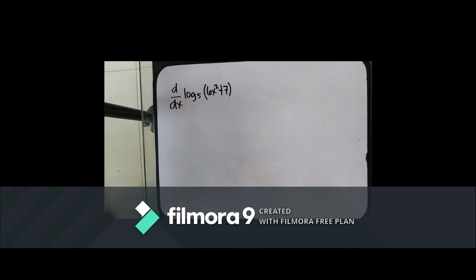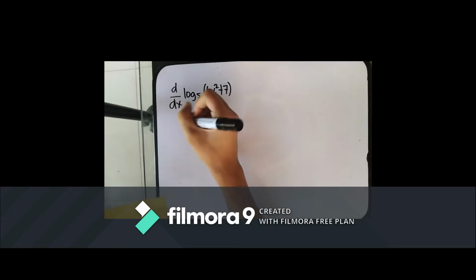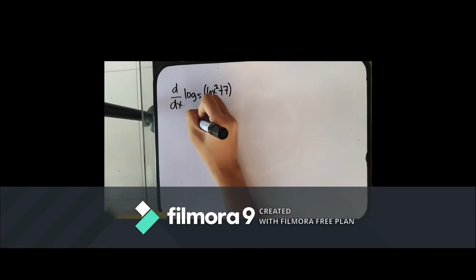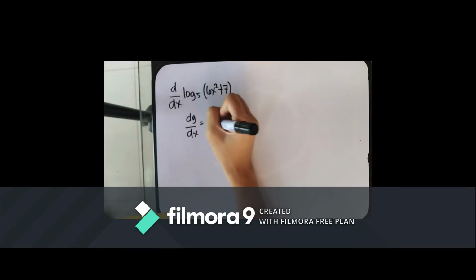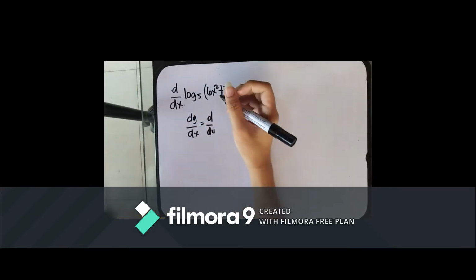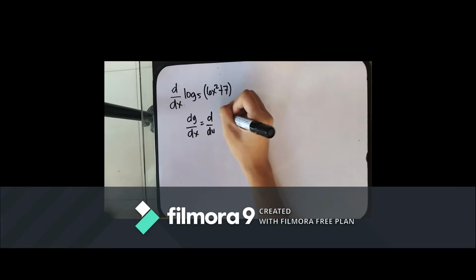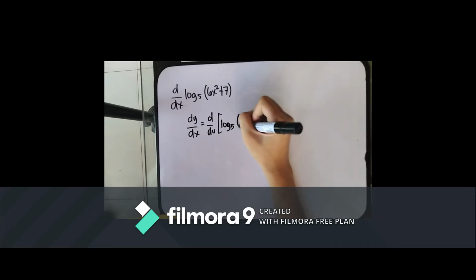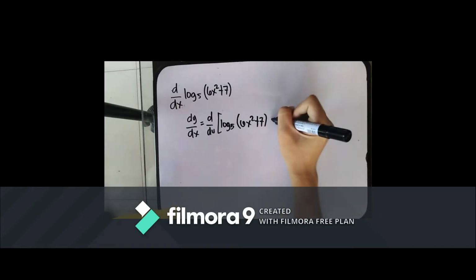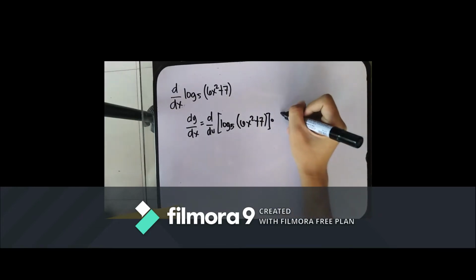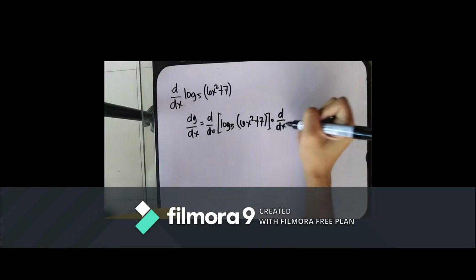But for the derivative of log, it is 1 over ln. Equals d over du of log 5 times 6x squared plus 7, times d over dx.